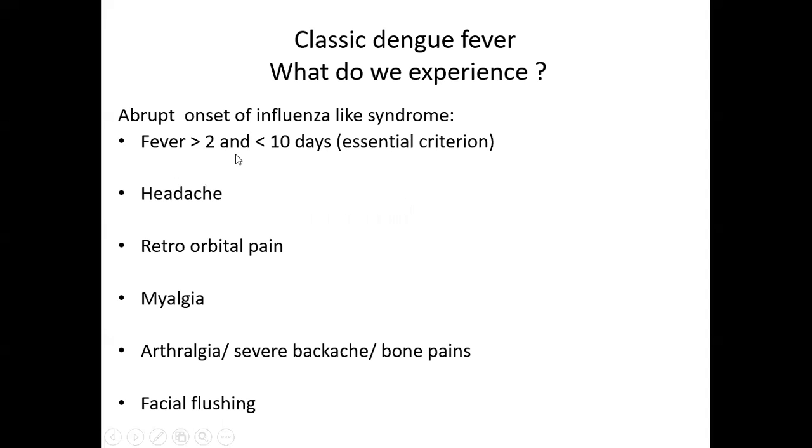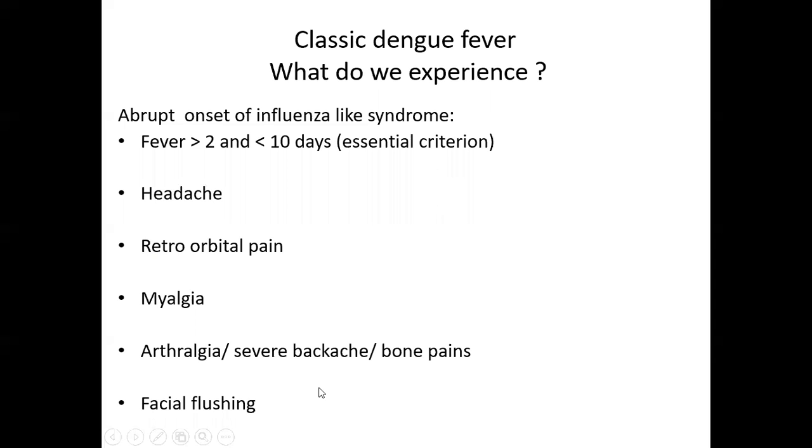Fever is more than 2 days and less than 10 days. Flu-like symptoms appear, and headache appears. The headache is mostly a retroorbital pain, a severe type of pain.